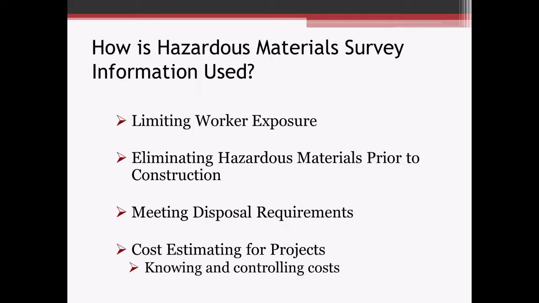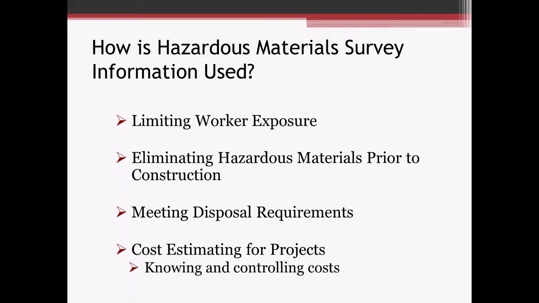So once we have that information, that report, how are we going to use it? What's the purpose of it? What can be done with it? Basically, going back to the worker exposure, you can identify those hazards that might be an exposure hazard and say, okay, these are the things you need to take care of before certain workers get in there, either abate it or remediate it.